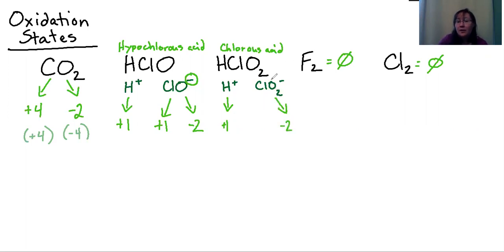But now there are 2 of them, so that means we have an overall -4 contribution. Because we have that 1- charge to balance out, the chlorine has to be +3 to balance out the -4 and still have 1- left over. You can also think about it as +1 +3 is +4, and 2 -2s is -4, and that is balanced. So that's just a refresher on balancing these.